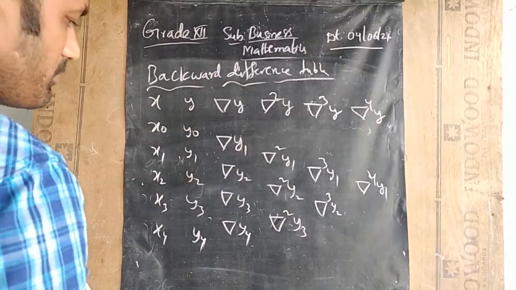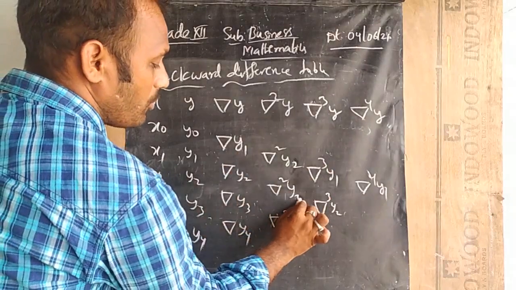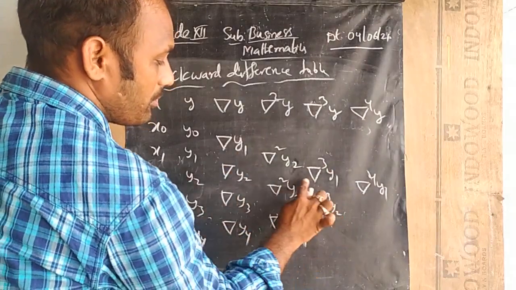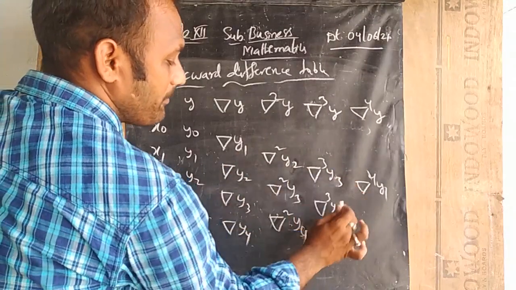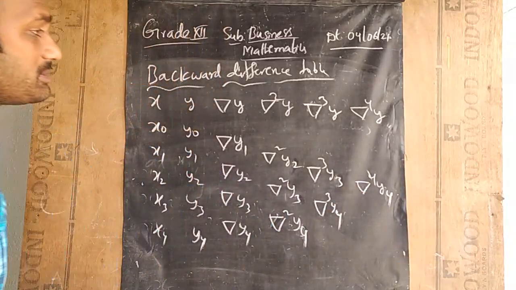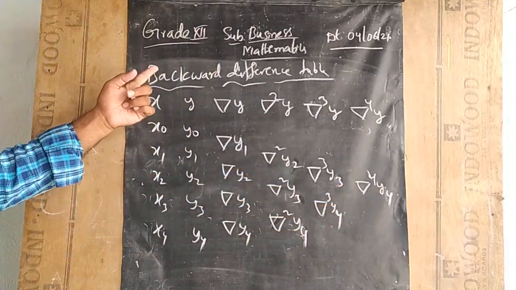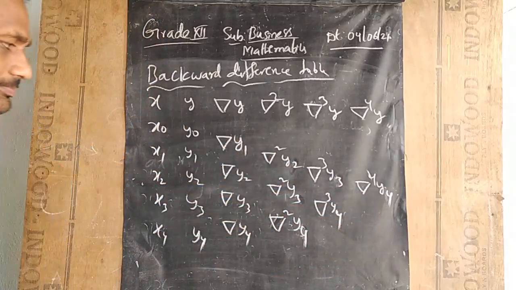Okay, here some mistake has happened. Here it will be y2, y3, and here y4. Here also it will be y3, y4, and here it is y4. Because it is backward, it will come from the back. In the first case it is forward, now it will come from the top.